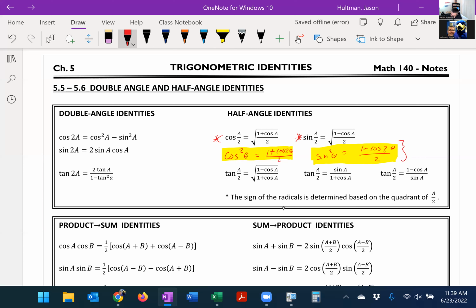So we call these power reducing formulas, because they reduce the power, which is extremely valuable. You can do that with the tangent function as well, but we don't use that as much. But again, they are extremely useful power reducing formulas. So I just wanted to make note of that as well.